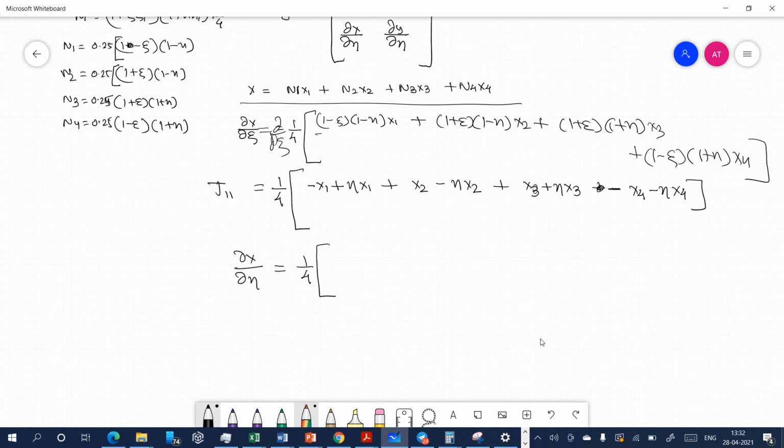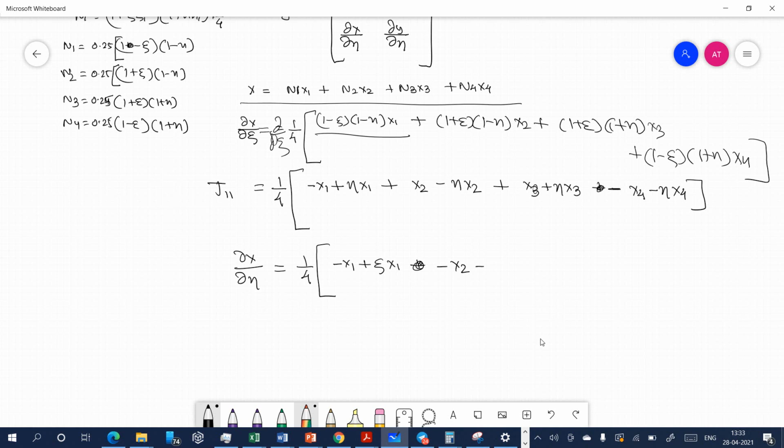So I just need to do the partial derivative with respect to eta. So what will happen in the first term? In the first term, I will have 1 x1 will go 0, and then I will have minus x1 plus zeta x1. Then in the second one, I will have minus x2 and minus eta zeta.